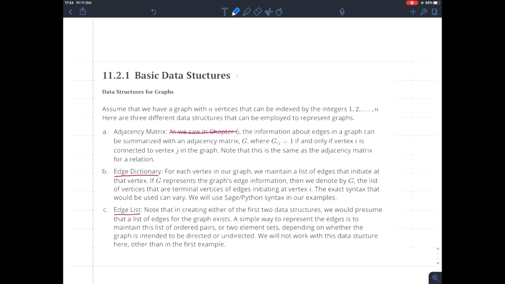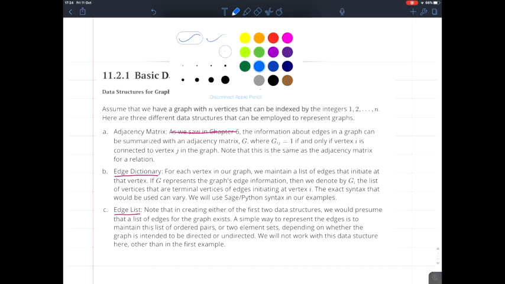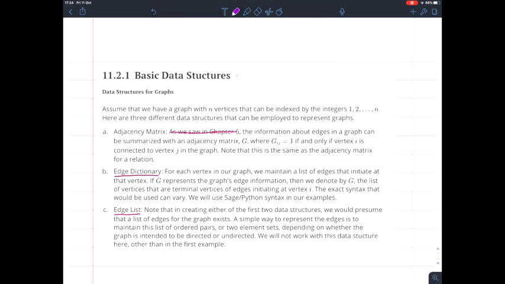So now we're going to have a look at several different ways of storing information about graph structures that make it easier to do computations with them. One of the most common types of data structure used for storing graphs is called the adjacency matrix. And the idea here is that we use a matrix, so it's going to be an n by n, because we're assuming that we have n vertices on our graph that are labeled 1 through n.